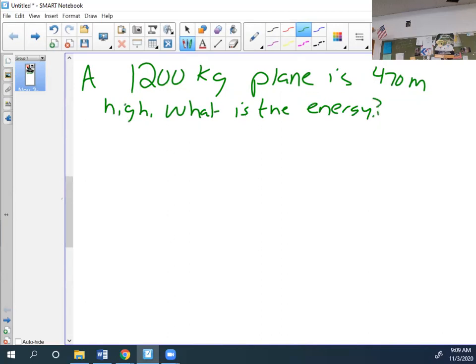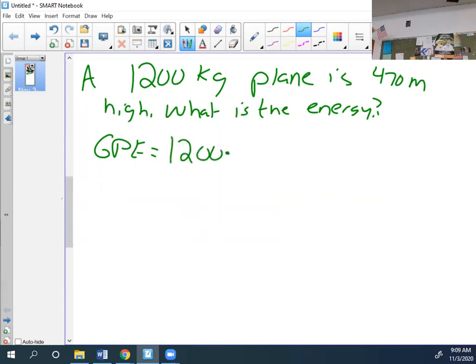All right, a 1,200 kilogram plane is 470 meters high. What is the energy? GPE. Give me the GPE one. Yes, because it does not have a speed, does it? No, so it'd be GPE. So GPE equals, what's the mass? 1,200.